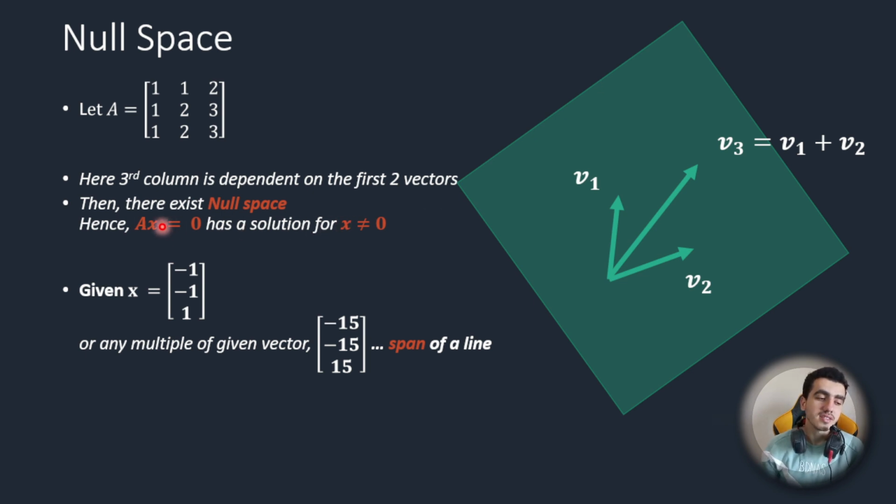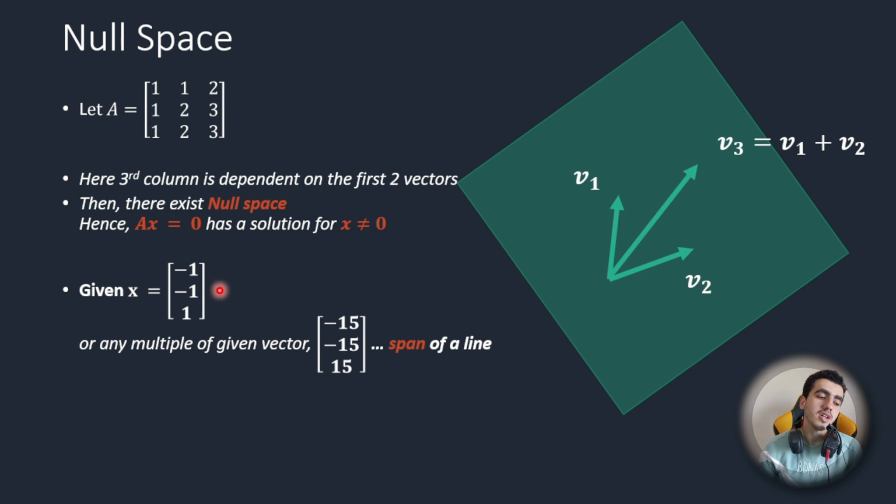Any x that satisfies this equation can be said to be in the basis of the null space, because each space has a basis. So this x will be inside the null space because it satisfies this equation. It is not equal to 0 because anything multiplied by 0 is 0, so this x shouldn't be 0, but should be a vector.